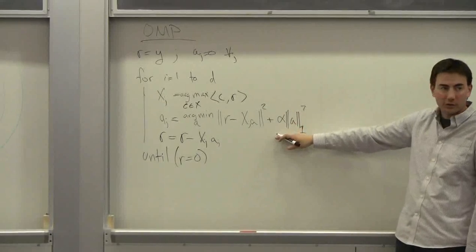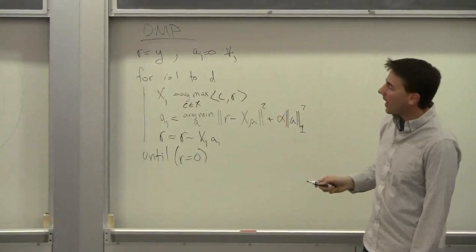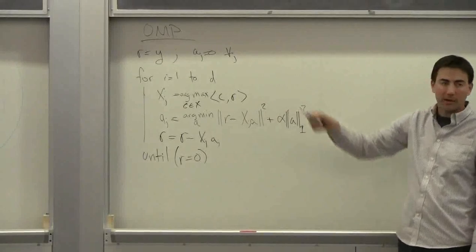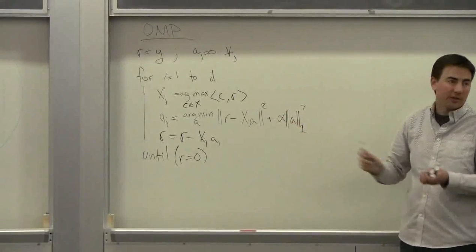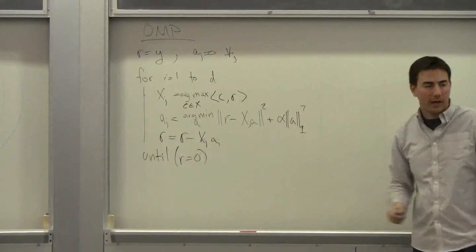So this is giving me the shrinkage, and by this dual property, I can interpret this as being inside of some ball defined by some beta, which corresponds with this alpha. I don't know what that beta is at this point, but that's going to be okay.